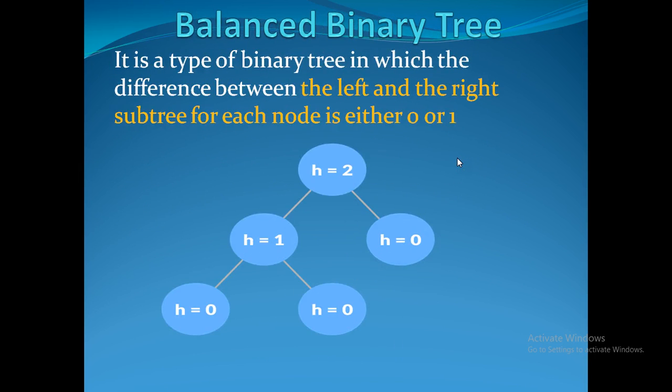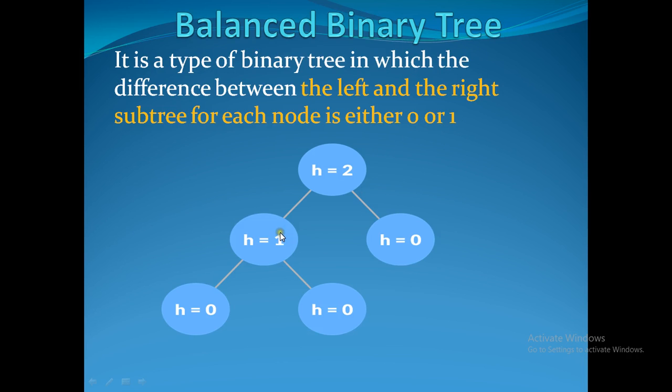In this case, for this particular node, the height of the left subtree is 2 minus height of the right subtree, that is 1. So 2 minus 1, 1. So it can be either 0 or 1.